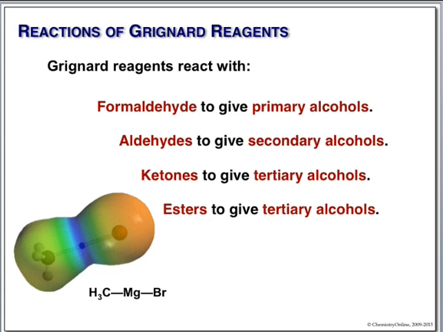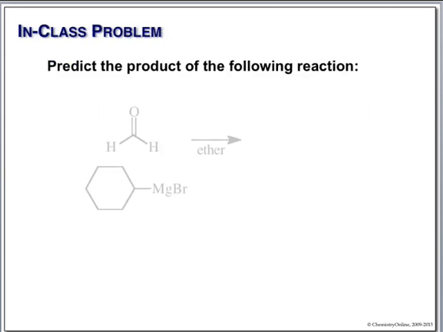Ketones, of course, give us tertiary, and we'll see that esters can react to also give tertiary alcohols. So these are the four that we're going to be covering in this chapter. Go ahead and do the products of this very simple Grignard reaction.